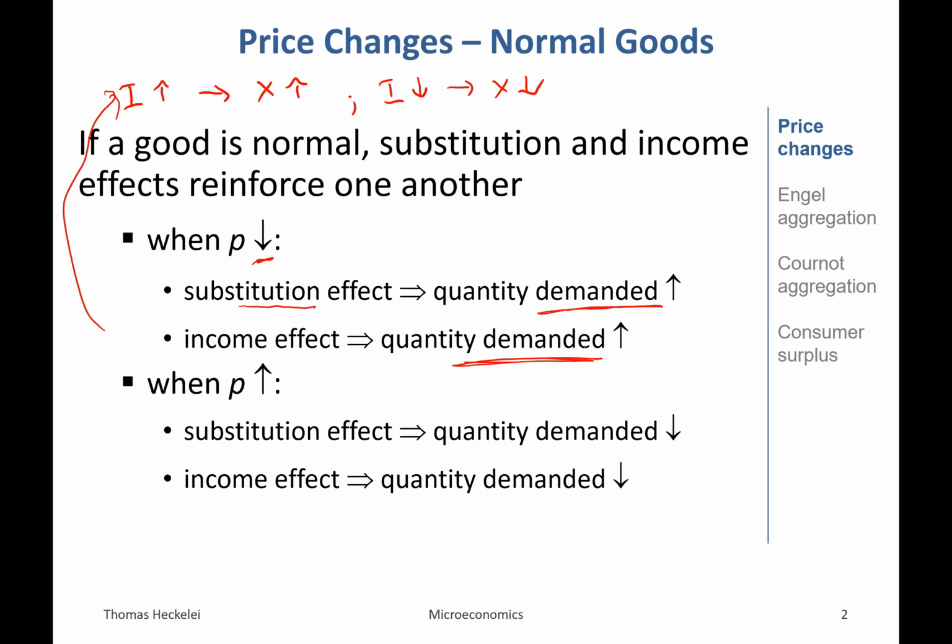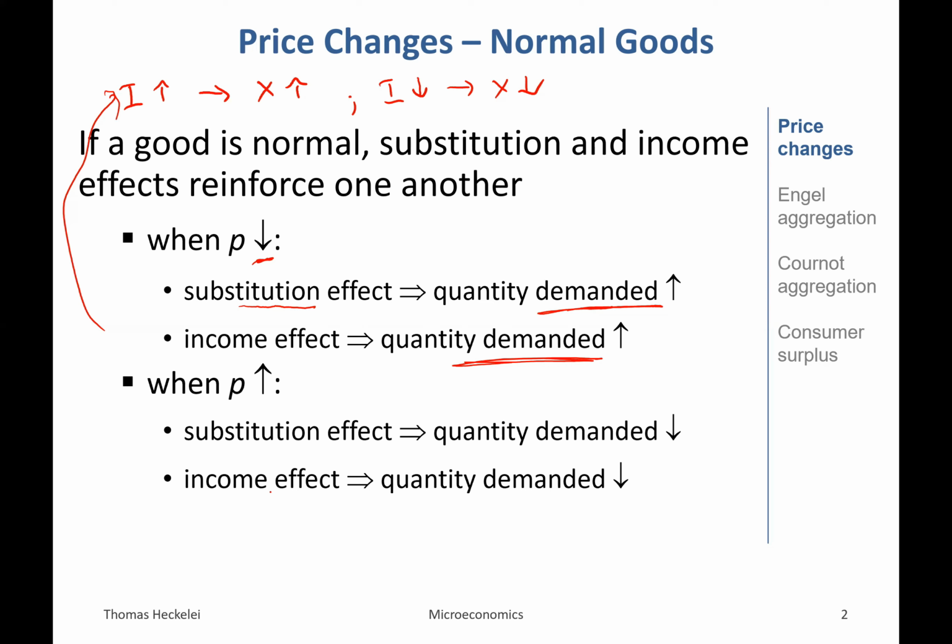And the other way around, when there is a price increase, it works in reverse. The substitution effect means that if it gets expensive, you have to consume other goods than this good, right? And then the income effect implies that your real income decreases.